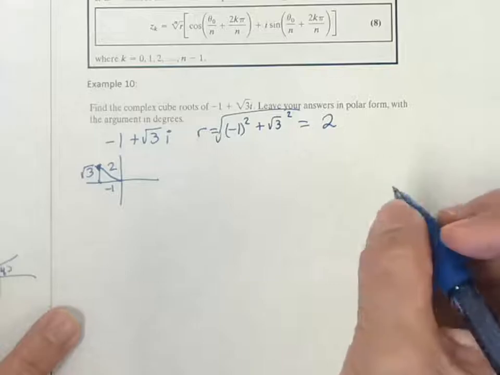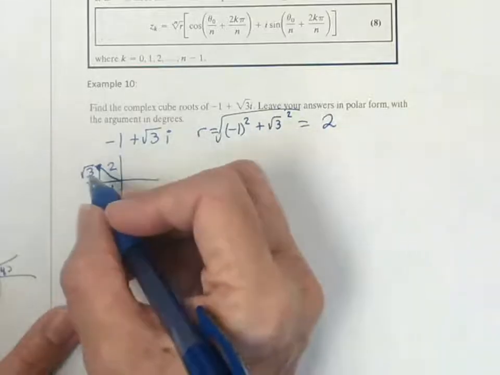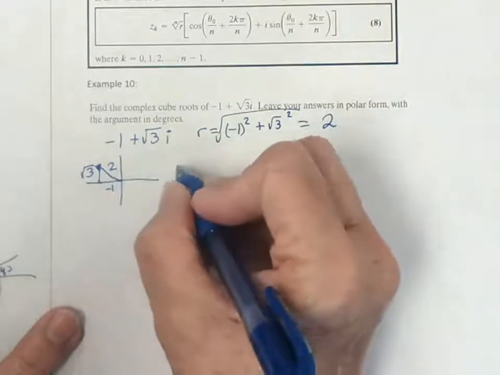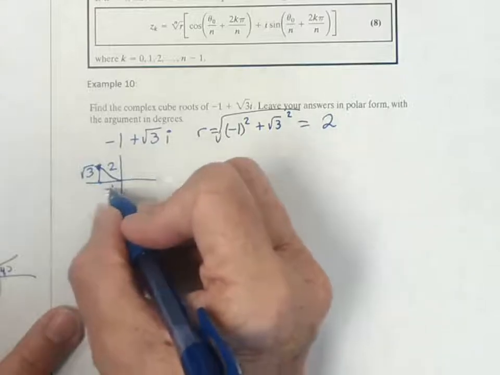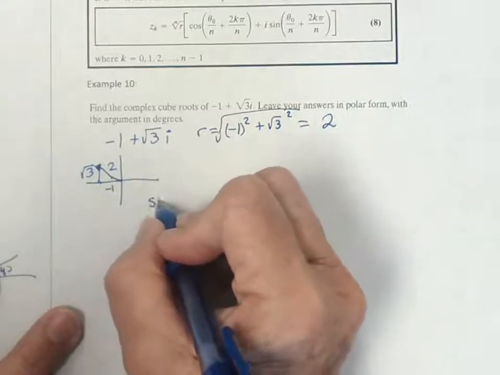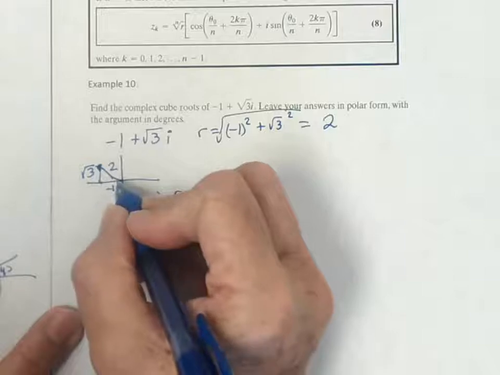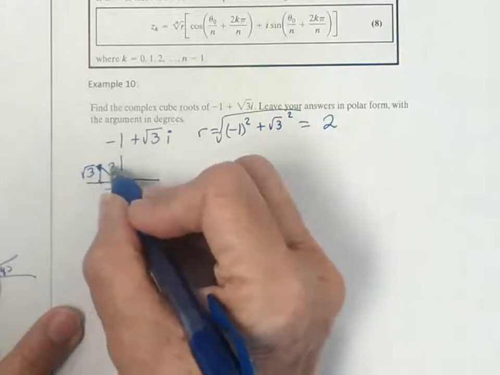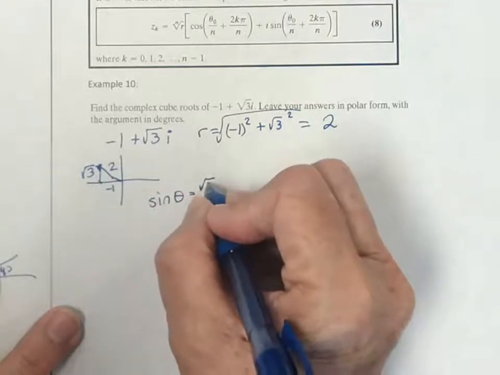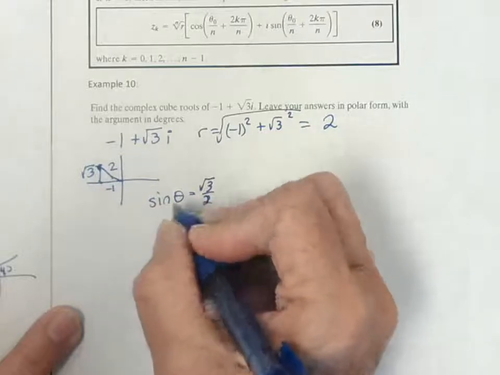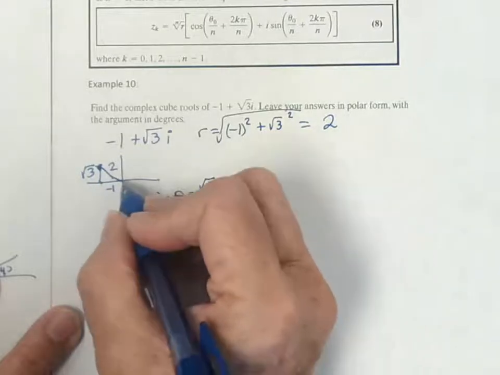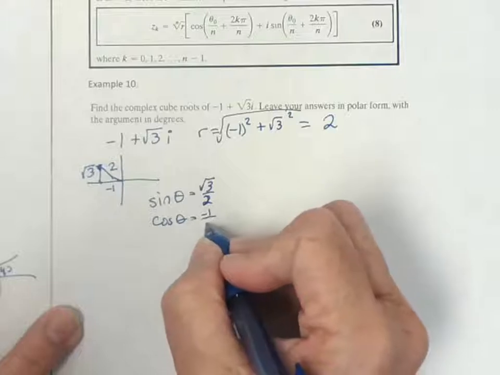Good, good, good. Now let's take a look and figure out what theta is. So right here, the sine of theta is opposite over hypotenuse, square root of 3 over 2. The cosine of theta is negative 1 over 2.